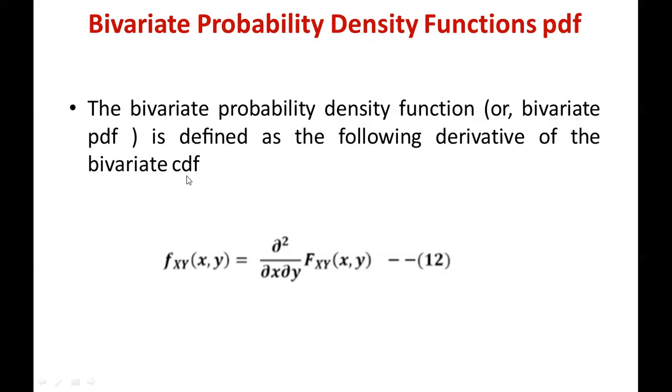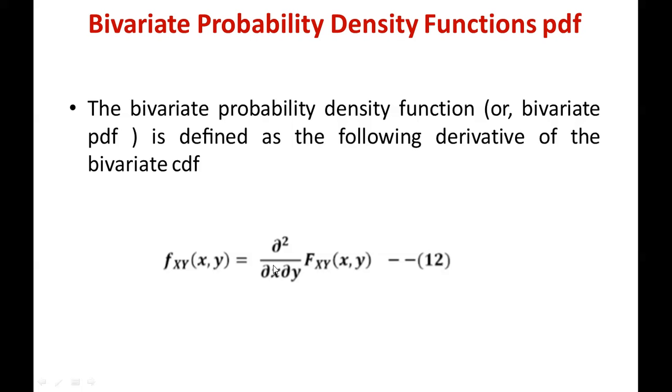In module 1, we have gone through the same formula. We can get the PDF by differentiating the CDF, right? Similarly, here also we get the PDF of the bivariate function by differentiating the CDF.